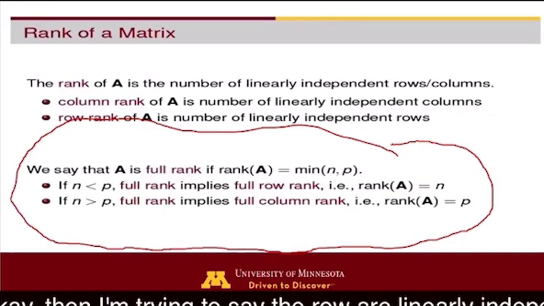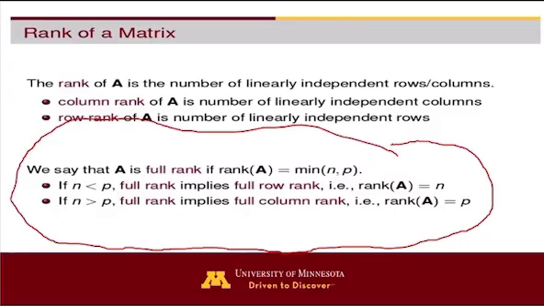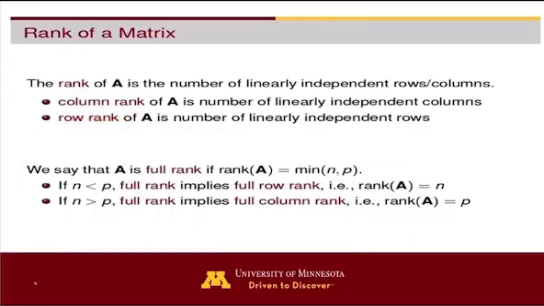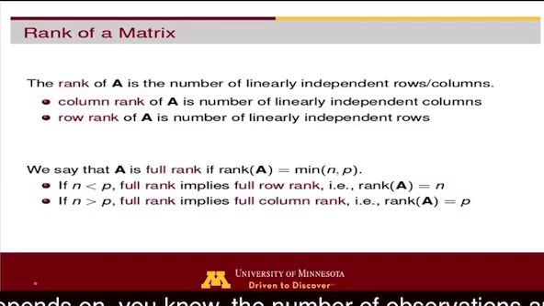Rows are observations, it could be persons, and I'm expecting them to be independent as given, that's one of the assumptions in statistics. But whether you have a full column rank or a full row rank depends on the number of observations and the number of features.